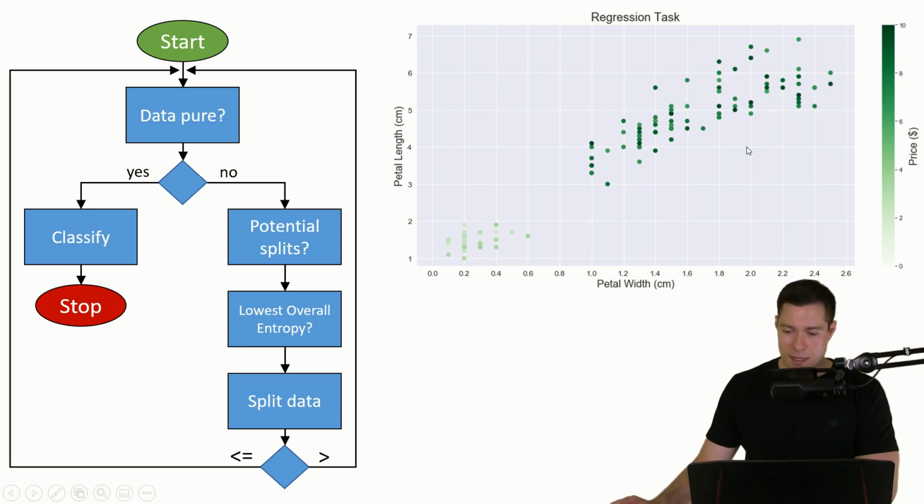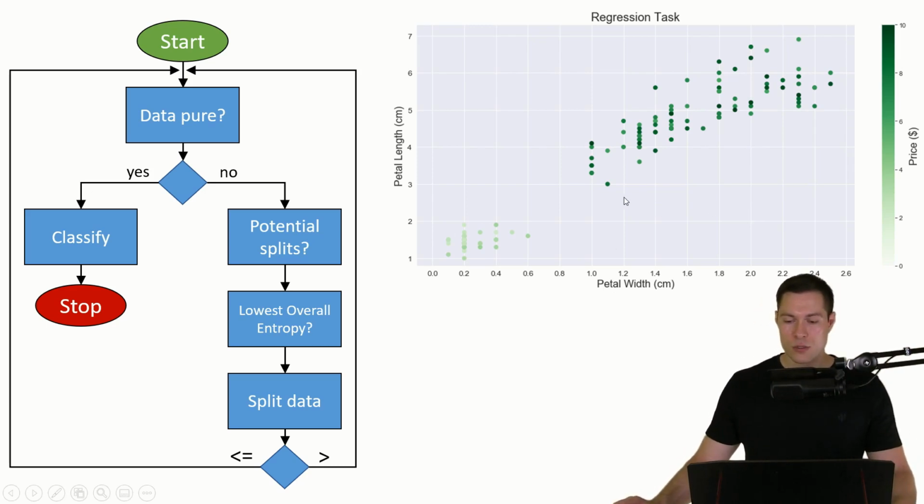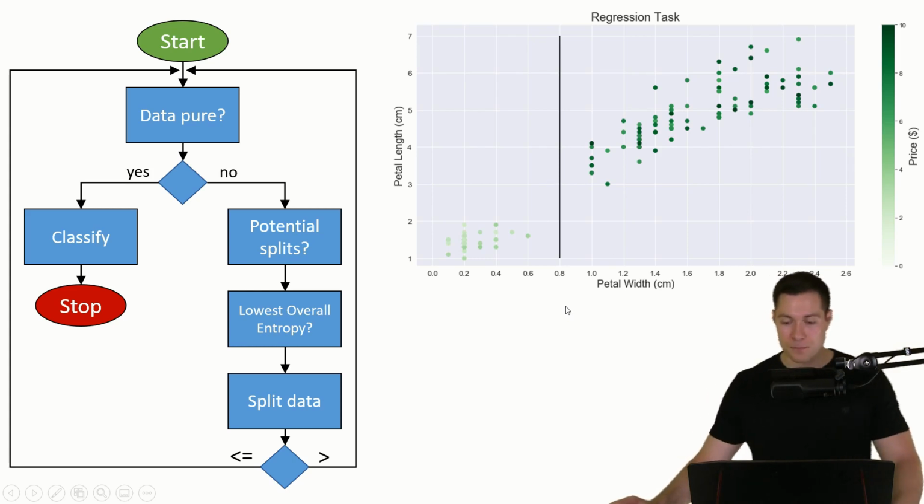So then accordingly, to be able to make good predictions about the price of new unknown flowers, the decision boundary should ideally be between those 2 groups of flowers. For example, at a petal width of 0.8.